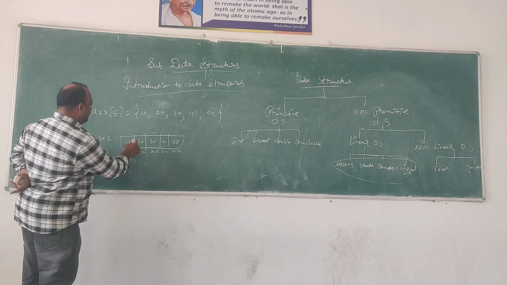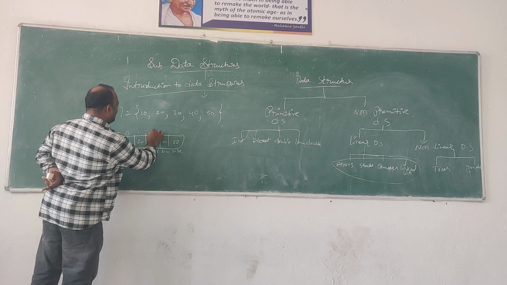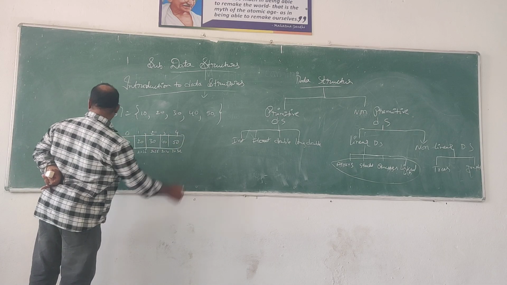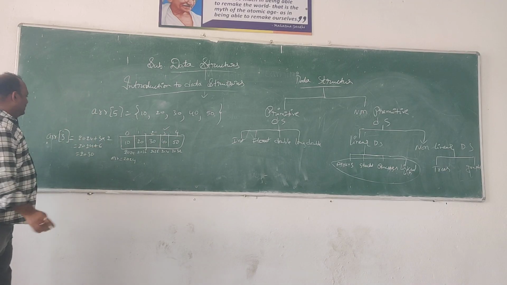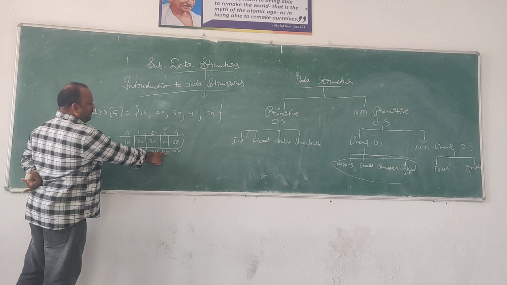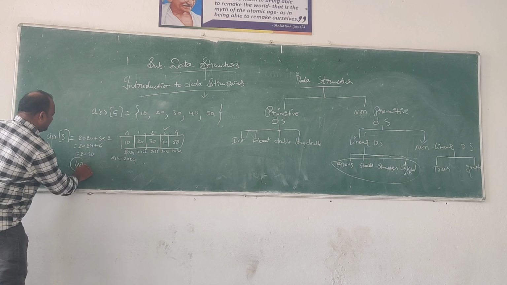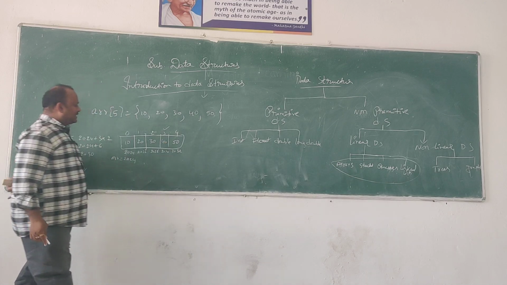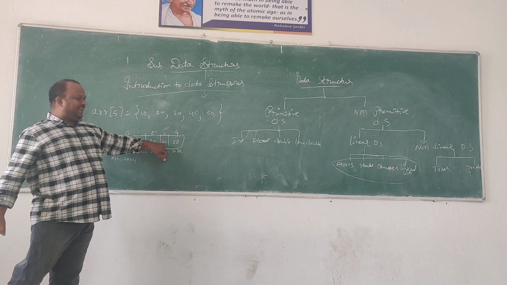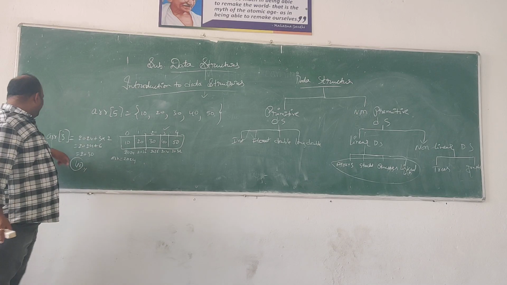ARR has indices 0, 1, 2, 3 and 4. Suppose I want to find ARR of 3. At address 2030, the value I stored is 40. So this data element 40 is stored at the particular address 2030.